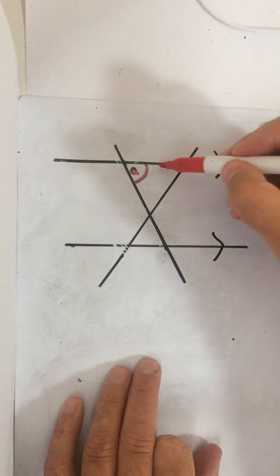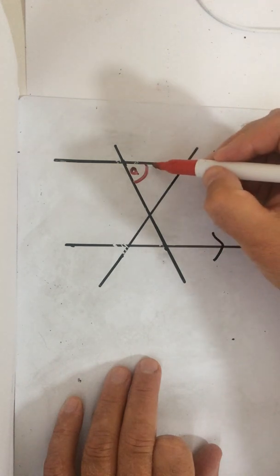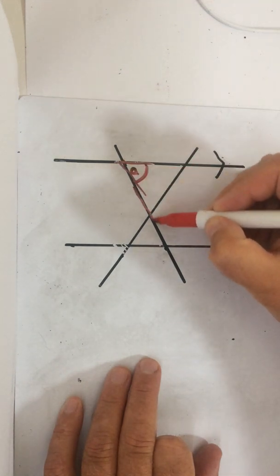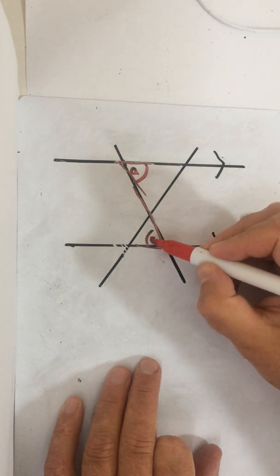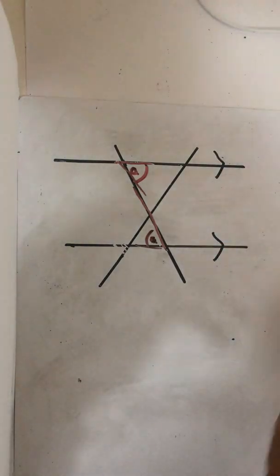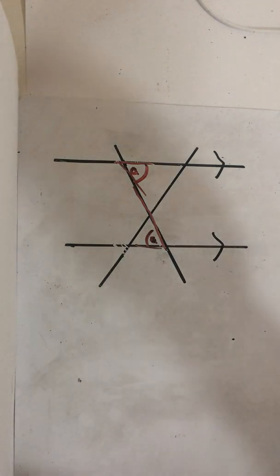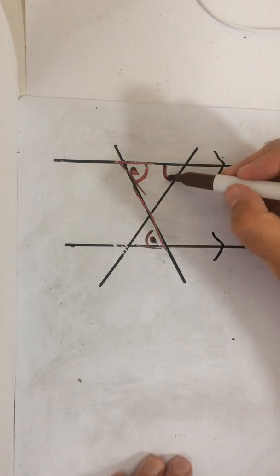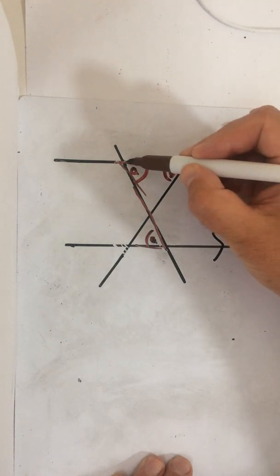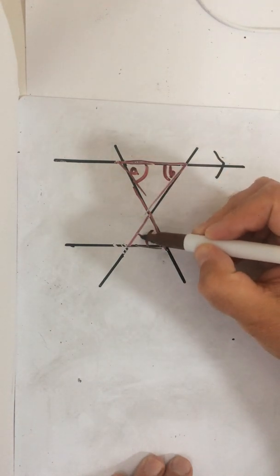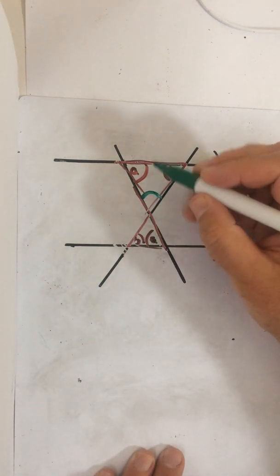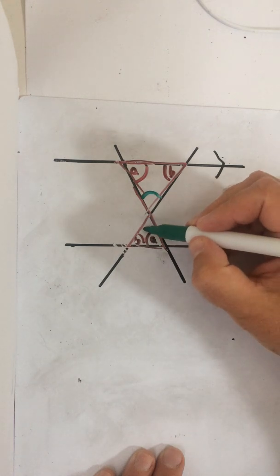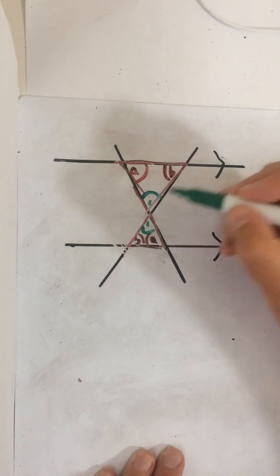So we can see here that this angle A, if we go back and do our alternate angles, where we go down and across there, we know that this angle here is also A. The same here with angle B. Again you've got the Z here, so we know that this is also angle B. And then we've got this angle here, and we know that vertically opposite angles are also the same, so these two angles will be the same as well.